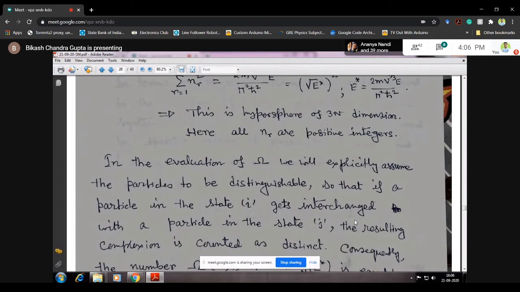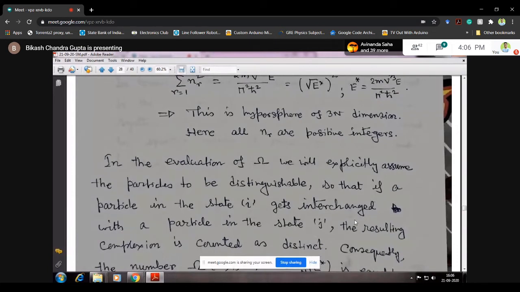So n1 square plus n2 square plus n3 square equals something, and that will give you the equation of a sphere. For that solution, n1, n2 and n3, or nx, ny and nz, are positive integers.